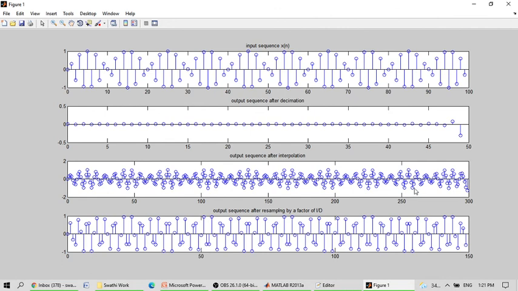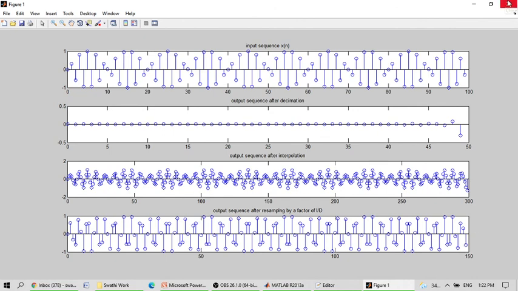The interpolation factor, I have given 3, and D I have given 2. So 3 by 2 is nothing but 1.5. Previously 100 samples are there, then 100 into 3 by 2, which is 150. Therefore after resampling by a factor of I by D, the output sequence consists of N into I by D, that is 100 into 3 by 2, nothing but 150 samples.